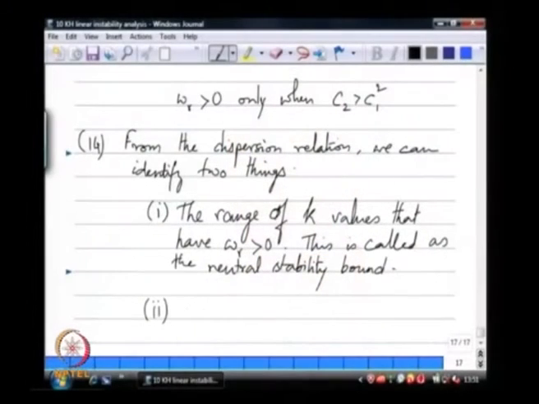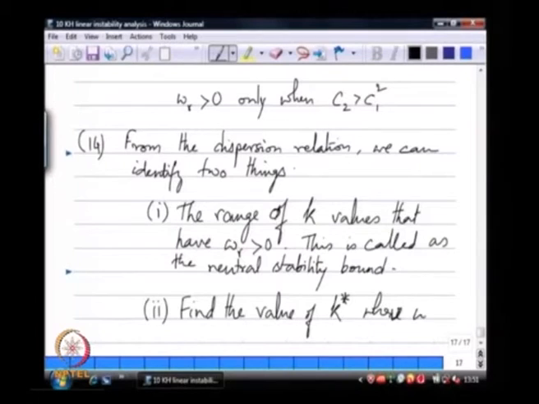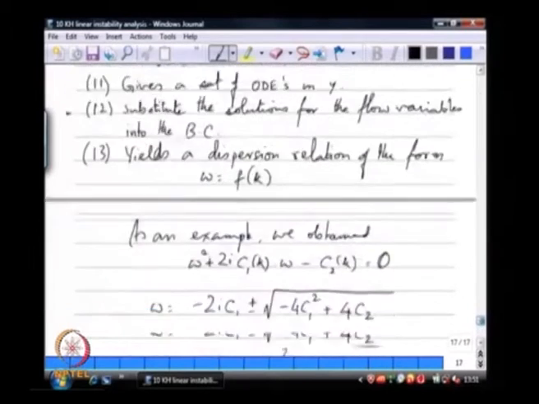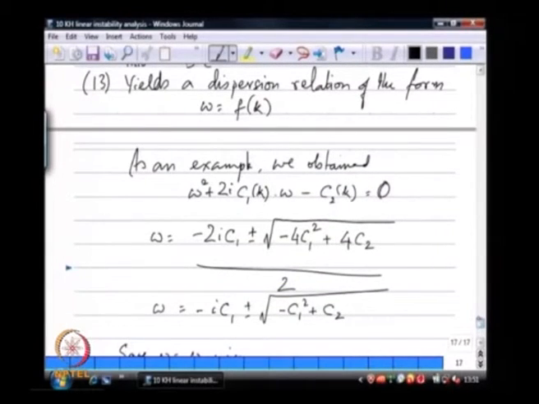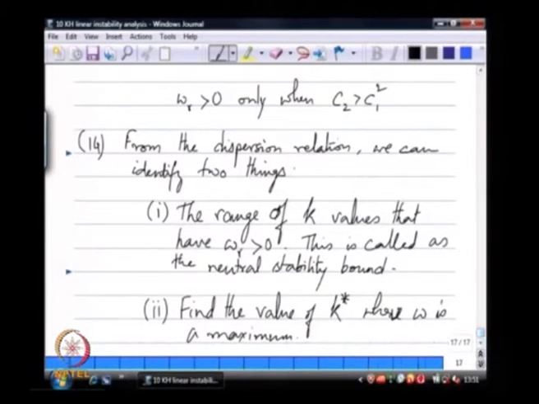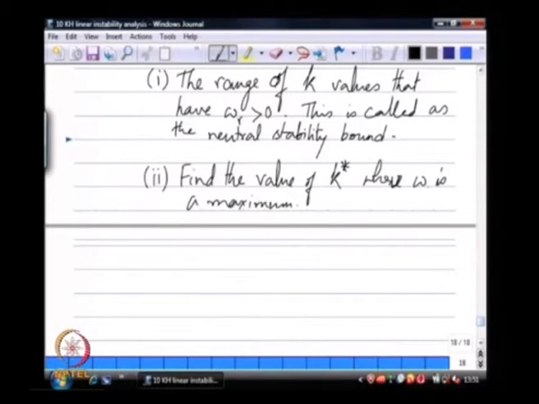The second thing you could do is find the value of k, I will call this k star, where omega r is a maximum.